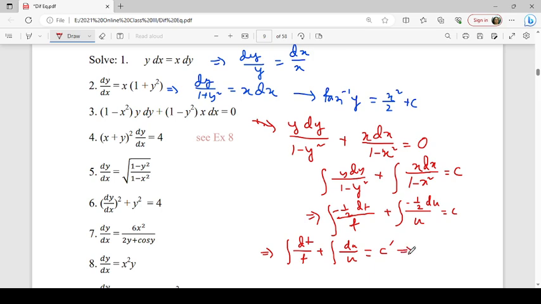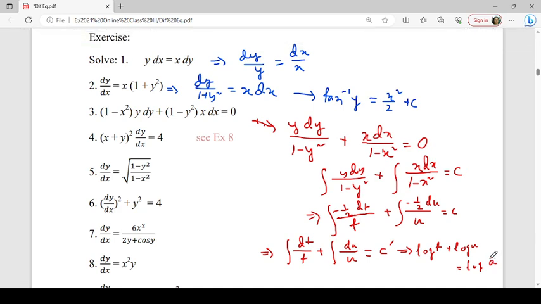Next you write it as log t plus log u, this you can write as log of say a.